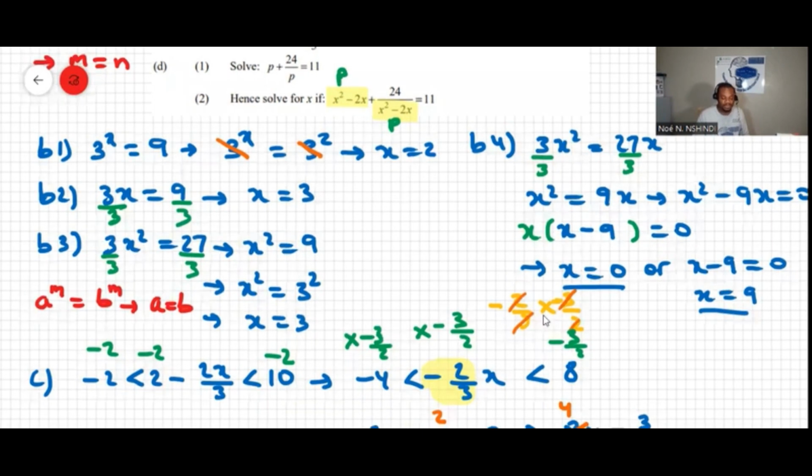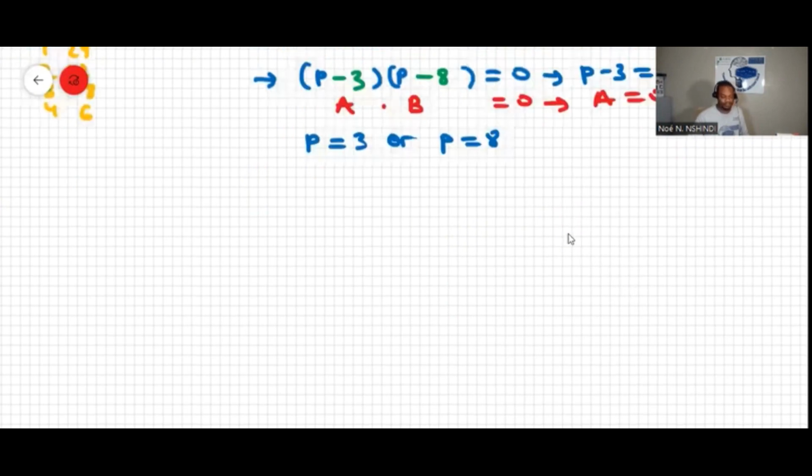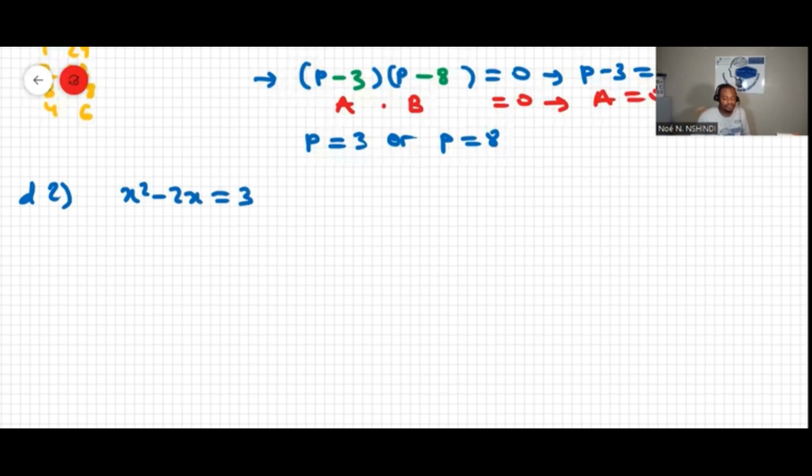So, I'm going to write here D2. So we want to say x squared minus 2x equal to 3, or x squared minus 2x equal to 8. Okay, so I'll move the 3 over.